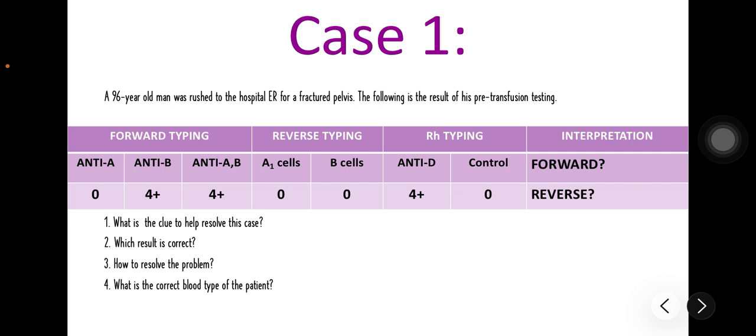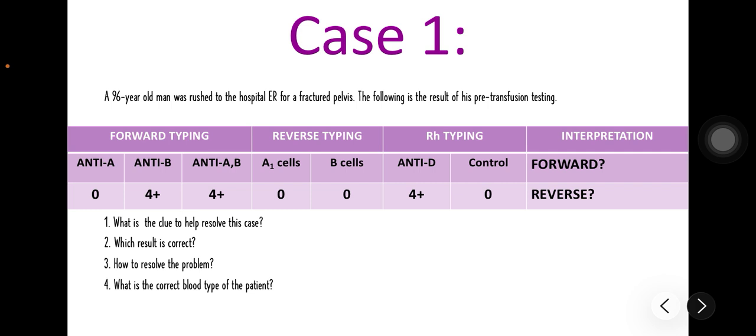In the reverse typing, if the patient is group B, his plasma should contain anti-A antibodies. Therefore, it should react with your known A1 cells, and it should have a 4 plus or a strong reaction. But in this case, A1 cells is 0 or no reaction. The B cells is 0, and it is correct since group B should not have an anti-B.